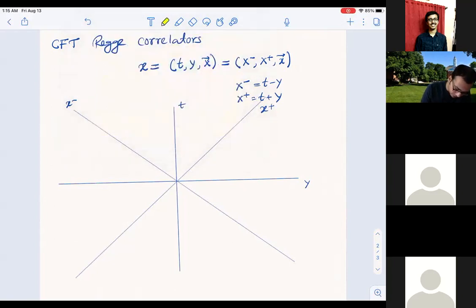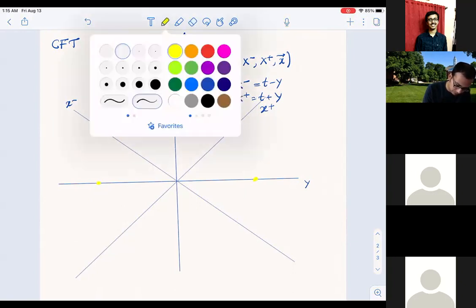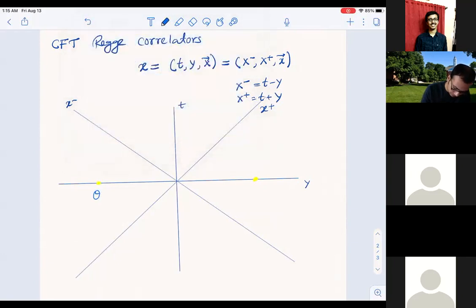So I have one operator O. So this is at y equals -1. This is at y equals 1.